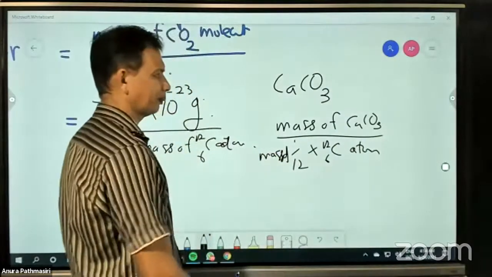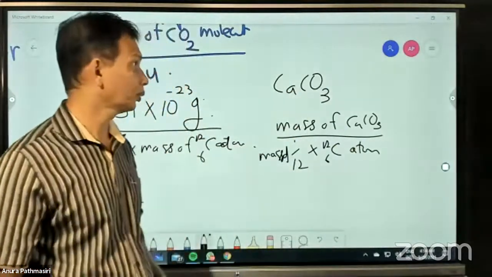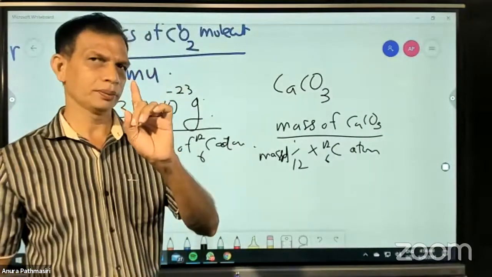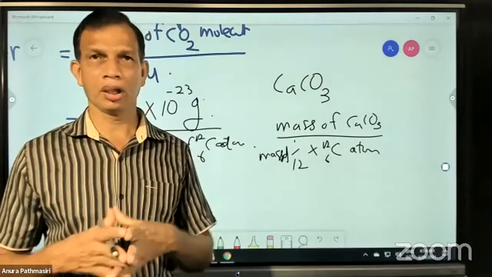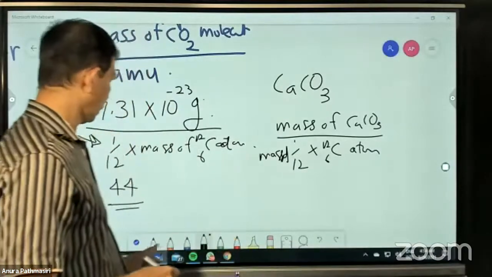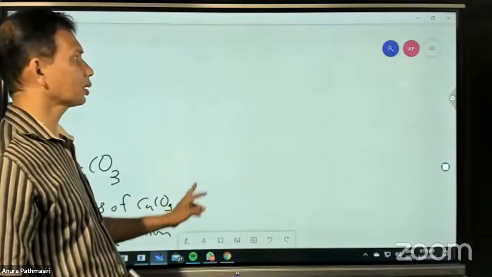It's pretty hard, because measuring the mass of calcium carbonate is difficult. Therefore, there is a short method of finding the mass.